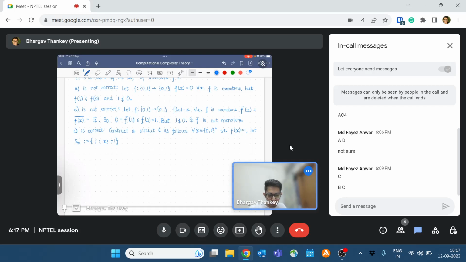For example, if the string were 0, 1, 1, 0, 1, then Sx would have been {2, 3, 5}.